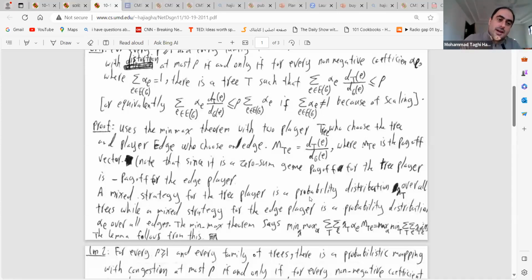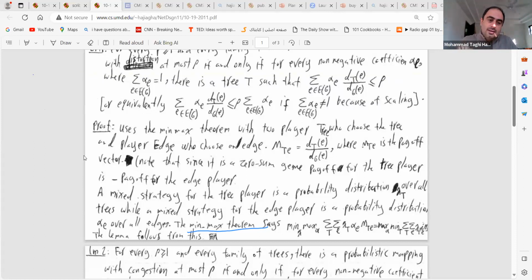So to prove it, first, if you have a distortion for distances, I have an equivalent statement, and that equivalent statement comes from the min-max theorem. Then the same thing, he also proved that if you have congestion, I have this equivalent thing using the min-max theorem. And these are lemma 1 and 2.